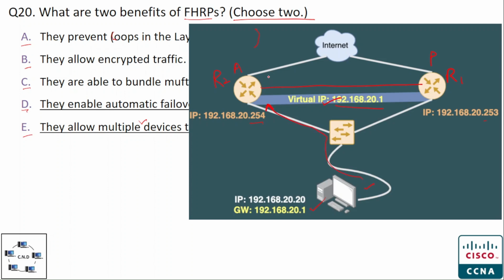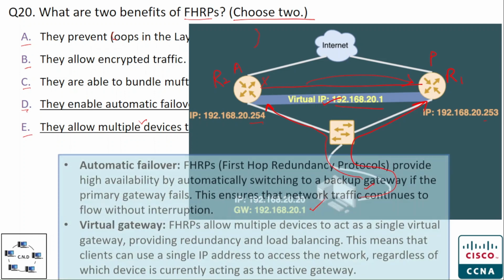If this device fails for any reason, the traffic is handed over and processed by this device, and now the traffic goes through this. The client does not see any break or disruption in the services. So that is the benefit of first hop redundancy protocol.